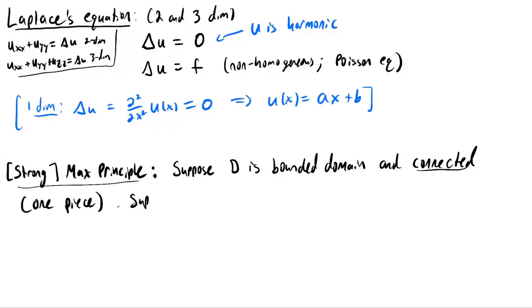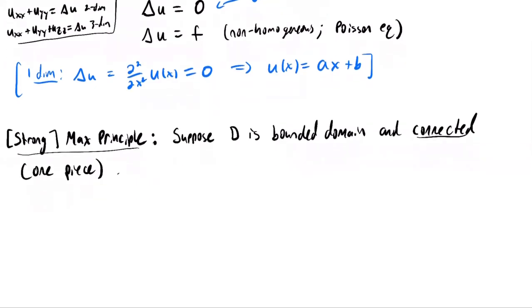Right, so what do I mean by a domain? I mean some region in 2 or 3 dimensions. Say this is my domain D with some open interior. And then this boundary region that encloses the domain, we'll denote, following the book's notation, as boundary of D, right?